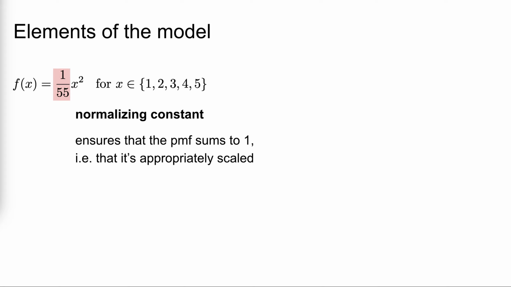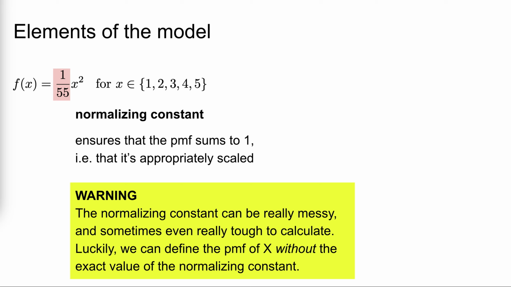Finally, there's one last piece of a PMF to consider. The normalizing constant, here 1/55, is simply a constant, a fixed number that ensures our PMF sums to 1. That is, the normalizing constant ensures that the PMF is appropriately scaled. Now, though our constant of 1/55 here is pretty basic, normalizing constants can actually get really messy and sometimes even really tough to calculate.